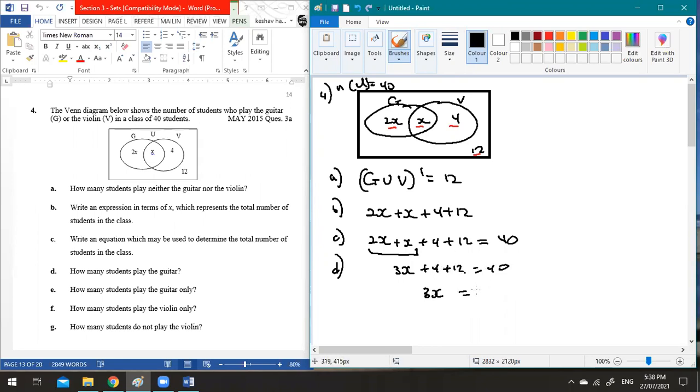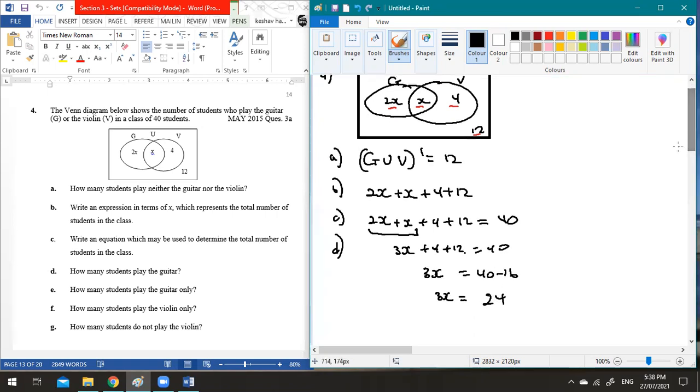If I carry it across to the right hand side, I'll get 40 take away 16. So the 3x would be, is it 14? Borrow 1 from the 4 is 3, no, 24. So the number of students who play guitar is 24.